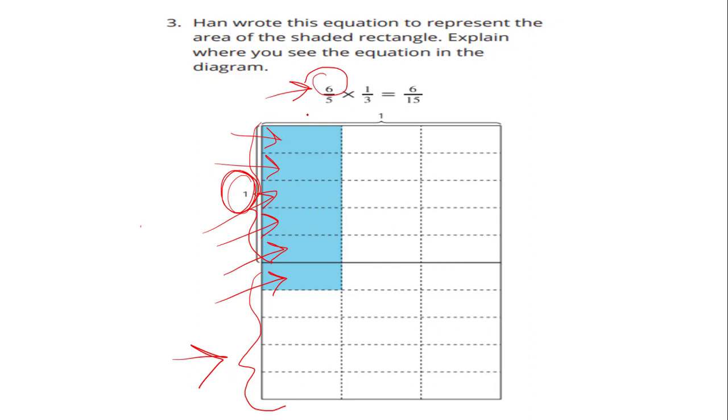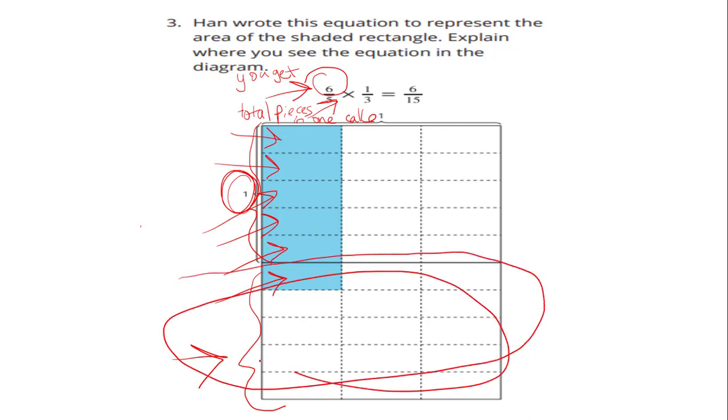And then there are 5 total pieces in one whole. So that's our denominator. Remember, your denominator represents the total pieces in one cake. The amount that's shaded is 6, so we're getting to eat more than one whole cake. That's why they had to add this next whole on the bottom.